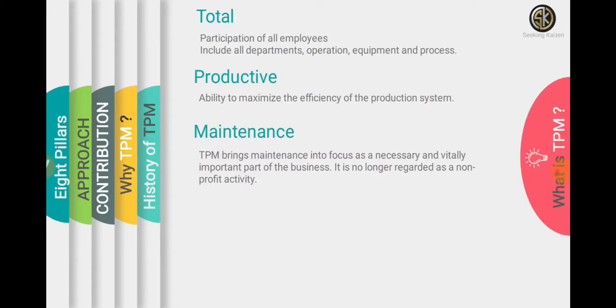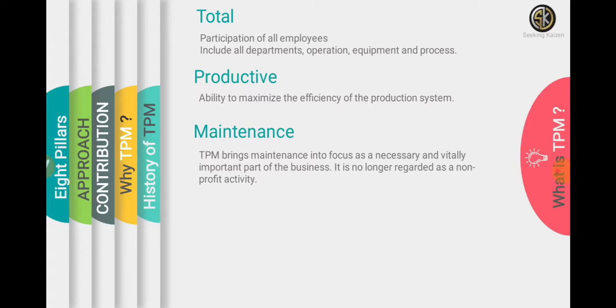So in TPM there are 3 words which represent their own meaning. The very first word, total, means participation of all the employees should be there, including all departments, operations, equipments and processes. The word productive means ability to maximize the efficiency of the production system. Obviously, the production system needs to be as efficient as possible.